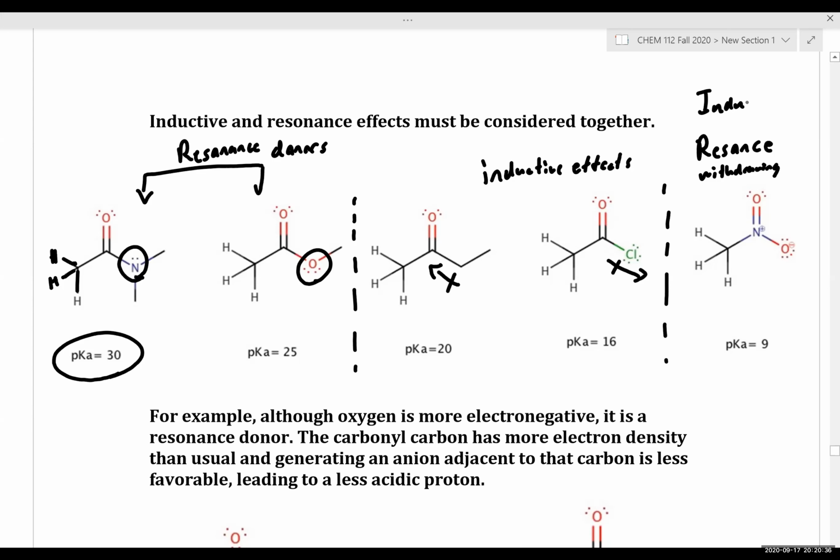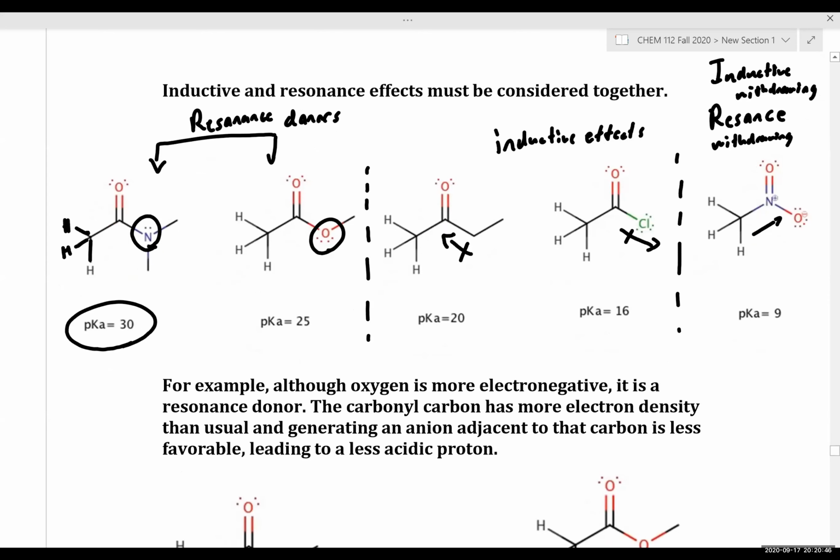Also, this nitro group is inductive withdrawing. So two effects add together to lead to quite the acidic proton. So just by making small changes in our structure, we have changes in pKa of about 21 orders of magnitude.